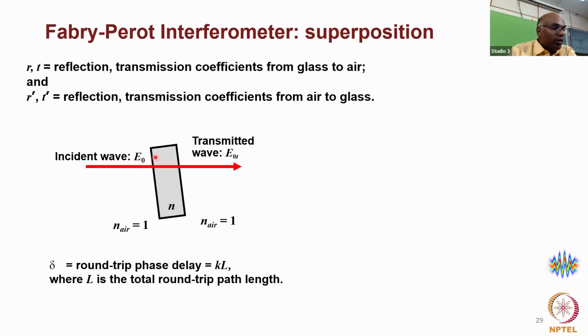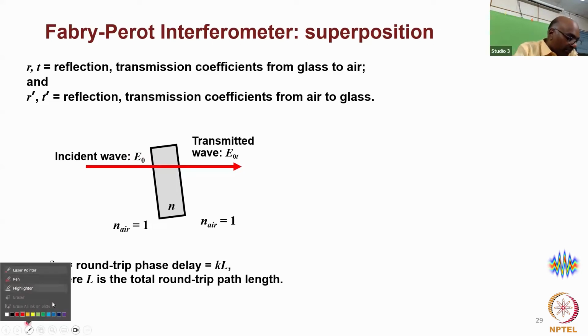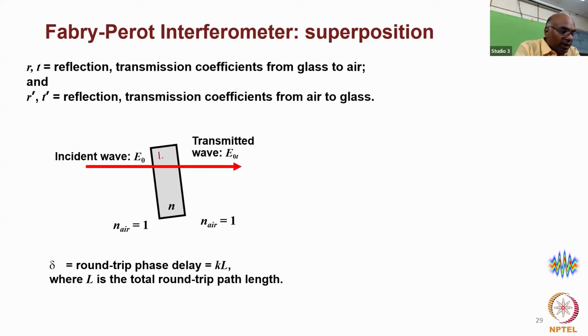The ratio of the electric field amplitudes on either side needn't be equal. So inside the glass, the amplitude of the wave, written in terms of the original amplitude E, has a value E multiplied by a coefficient, in this case t prime. t prime is the transmission coefficient of the air to glass interface. The amplitude is diminished by a factor t prime, so t prime is less than 1. It's a number between 0 and 1.